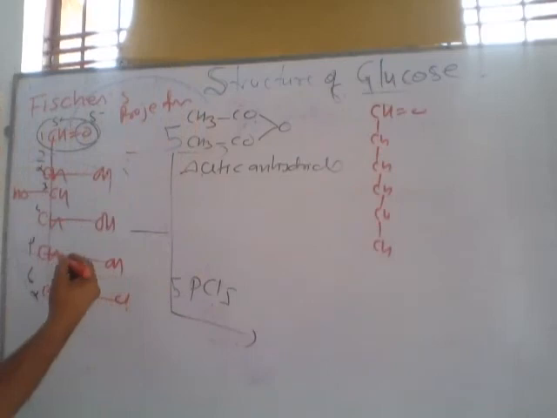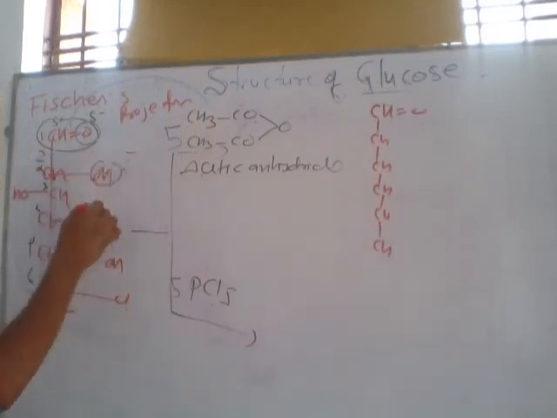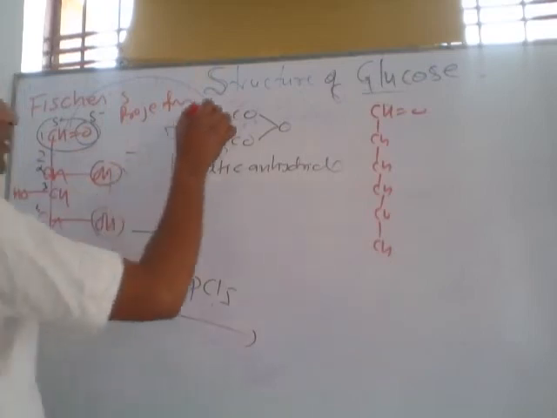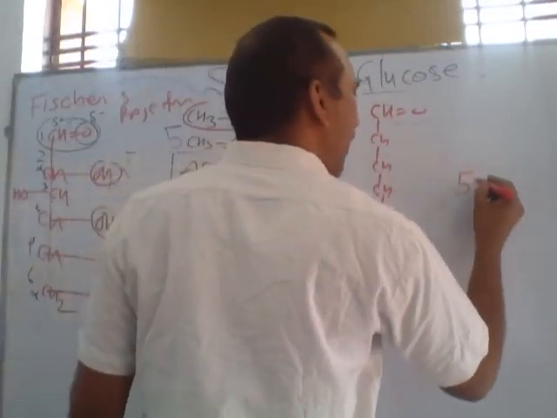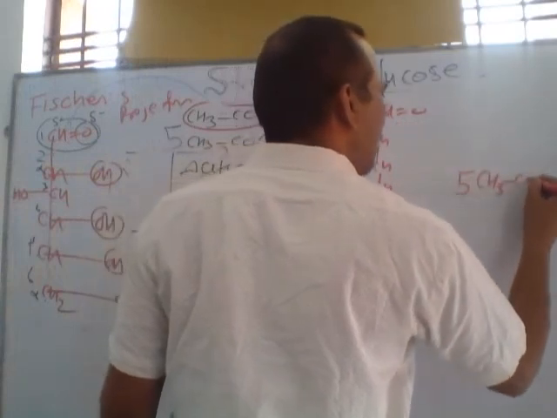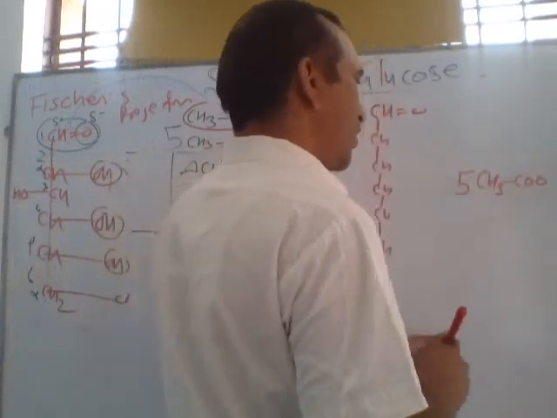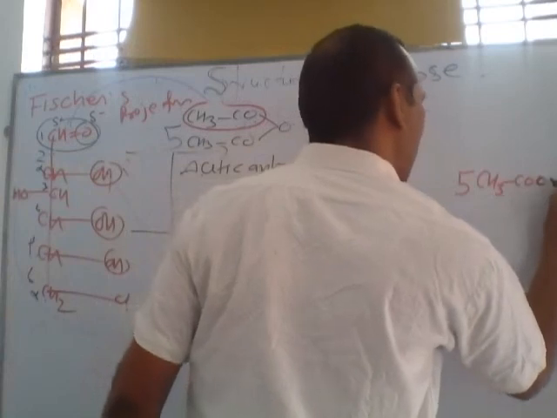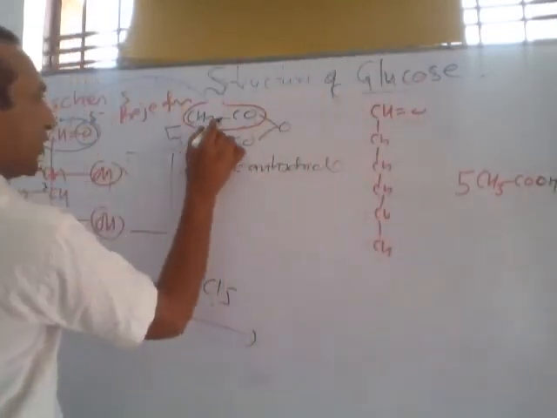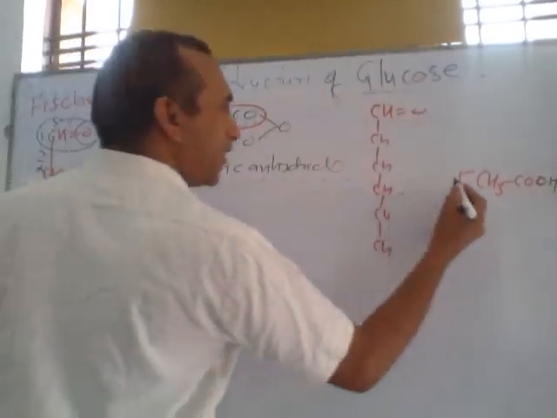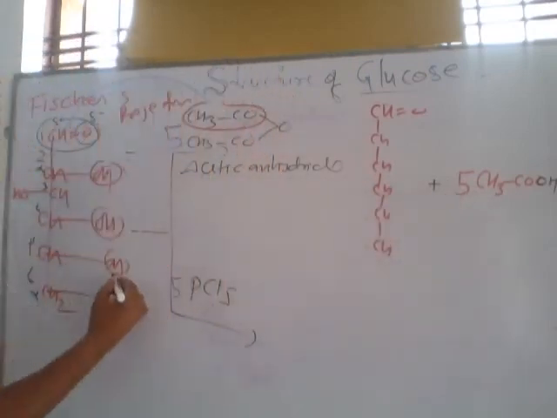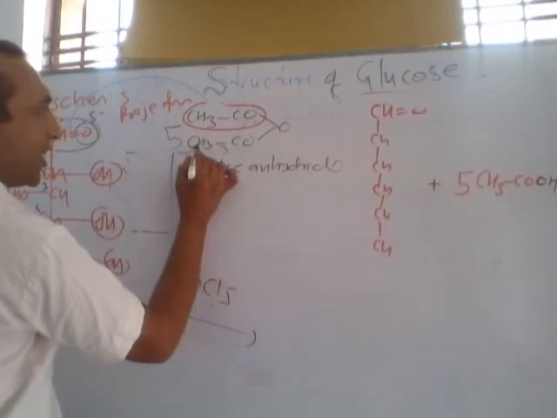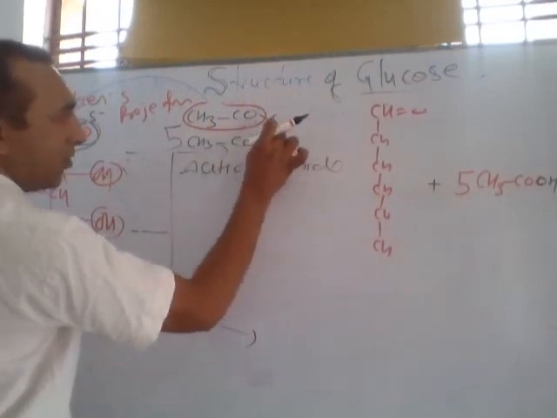So all 5 OH groups react with this group and form 5 CH3COO, meaning CH3CO, and these 5, I write 5. And instead of OH, you write this remaining group, CH3COO from O.